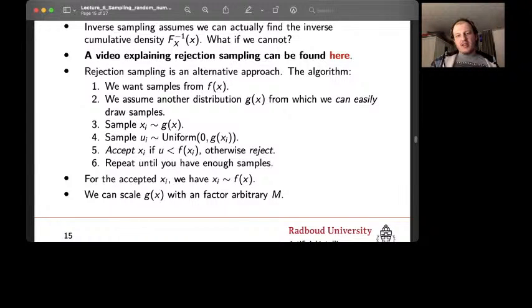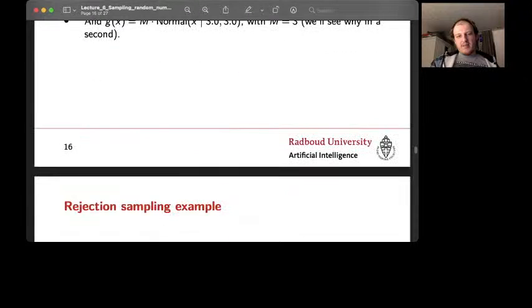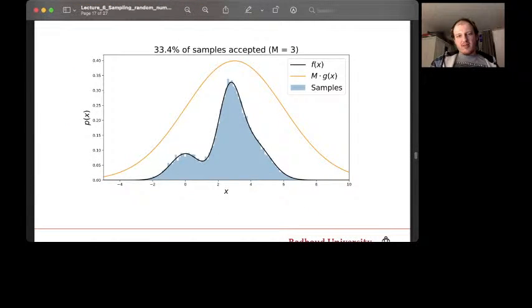And the idea is to actually sample all these things, but then throw away all the samples that are not inside your target distribution f(x).